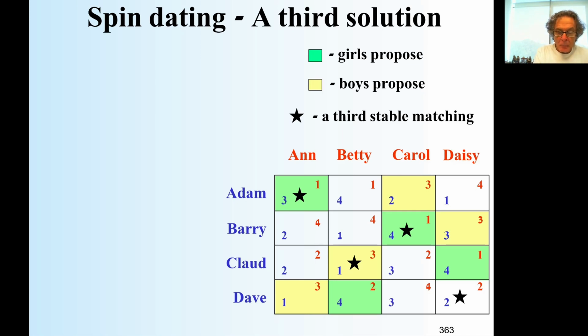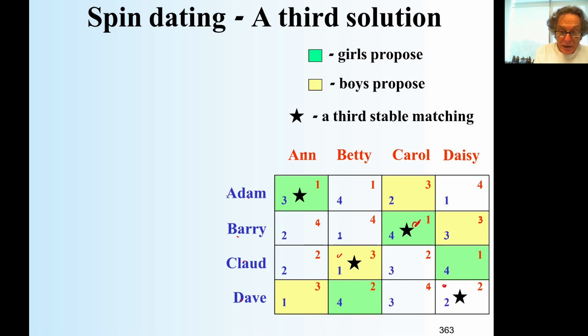However, another stable matching is where Adam is paired with Anne, Barry is paired with Carol, Claude is paired with Betty, and Dave is paired with Daisy. So Dave and Daisy together was not a possibility in either one of the 2 before.